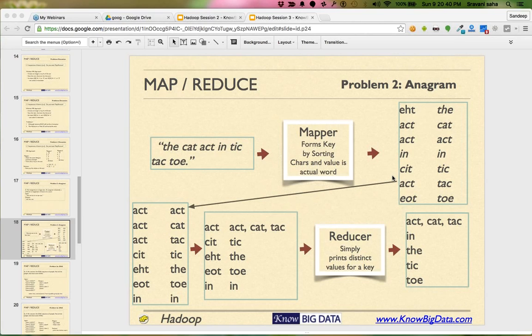One approach is to make the key by rearranging the letters alphabetically, because no matter what arrangement there is in the actual word, the rearrangement will always be the same. Therefore, all the anagrams will come together.